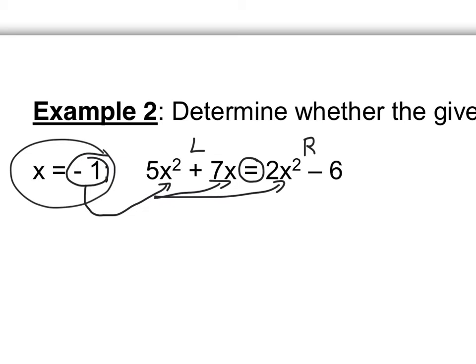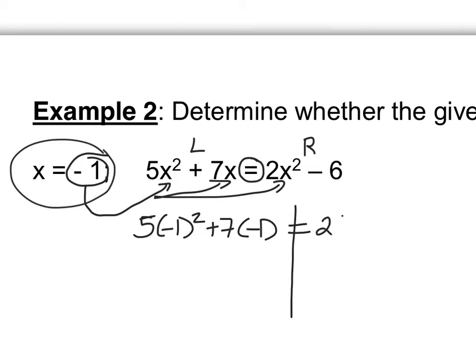So I'm going to try that right now. 5 multiplied by negative 1 to the power of 2 plus 7 multiplied by negative 1 should be equal to, or the same as, and I'm just going to put a line there, kind of like a wall dividing the two, 2 multiplied by negative 1 to the power of 2 minus 6. Now I should be able to type the left side and right side into my calculator and be able to solve. But right now, negative 1 times negative 1 is 1.